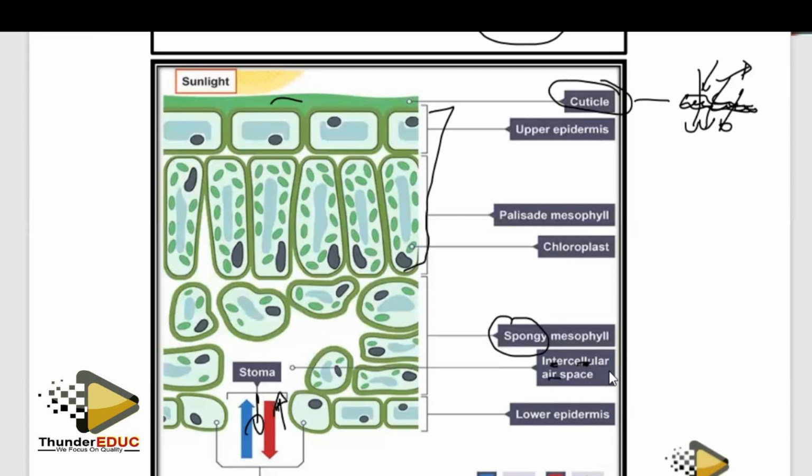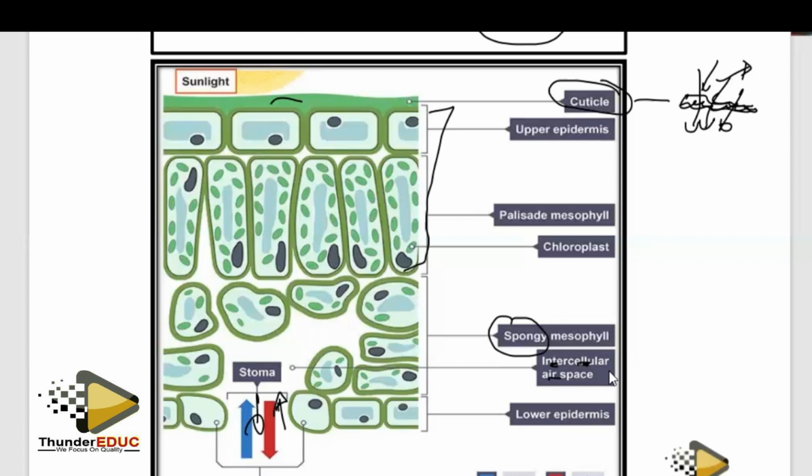This hole has special cells which we call guard cells, but the hole where the air is passing, we call it stomata. If it's one, it's called a stoma. If there are many, we call them stomata. It has specific features it is supposed to have so that this can happen. It's not just that the hole is there.